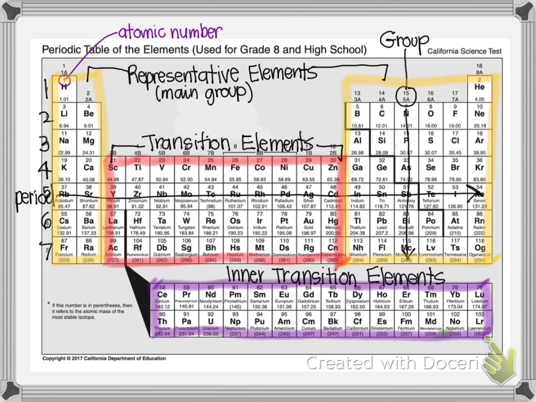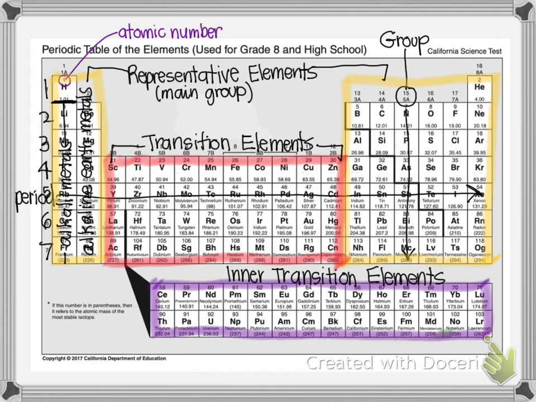And then finally, we know that 4 of the groups have their own names. Group 1A, except for hydrogen, these are called the alkali metals. Group 2A is called the alkaline, a little different, earth metals.